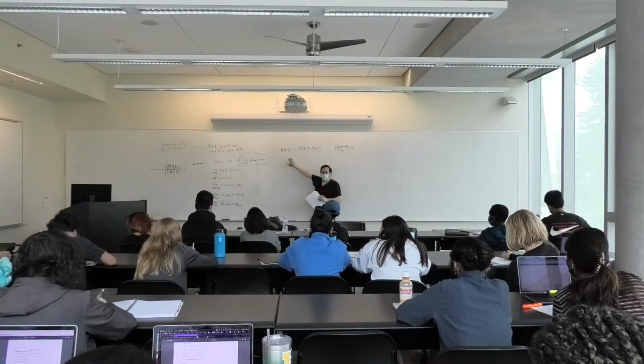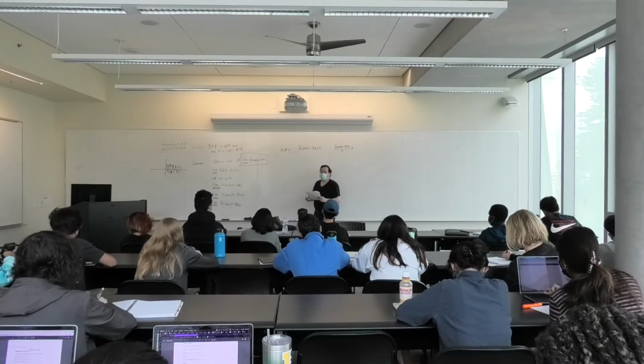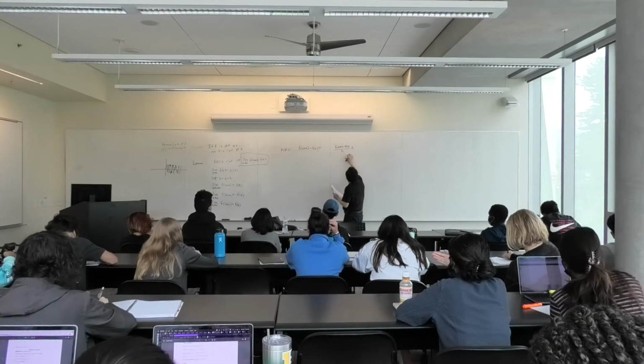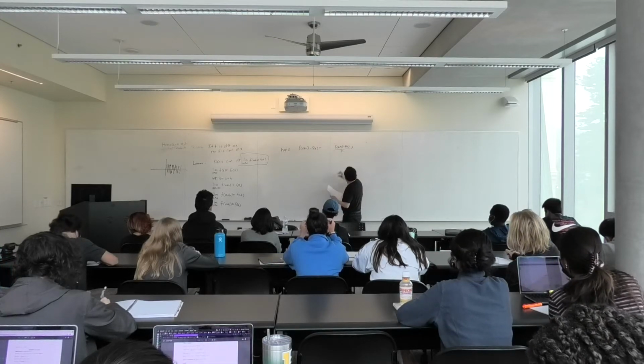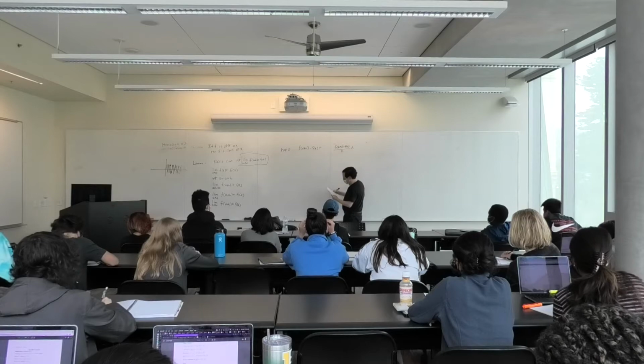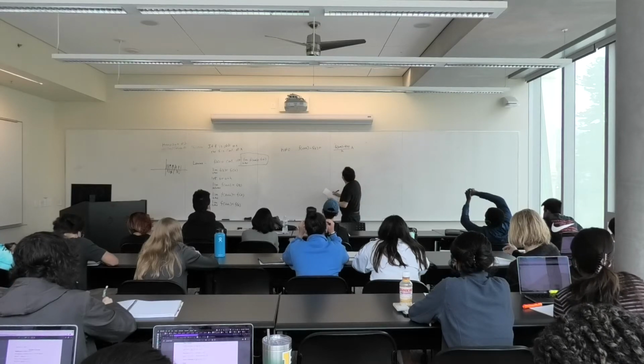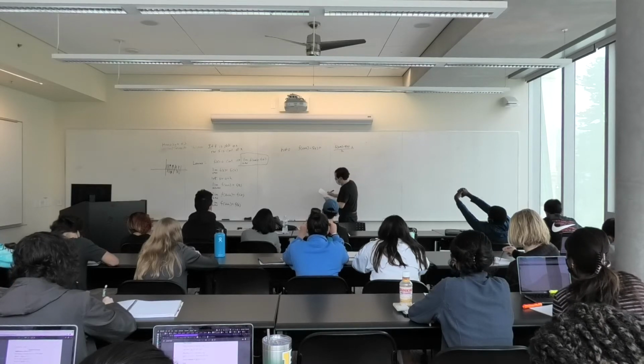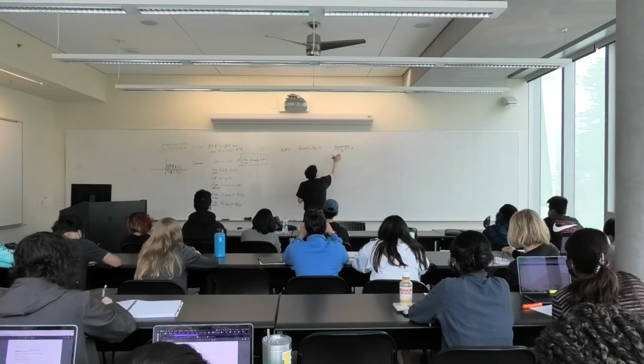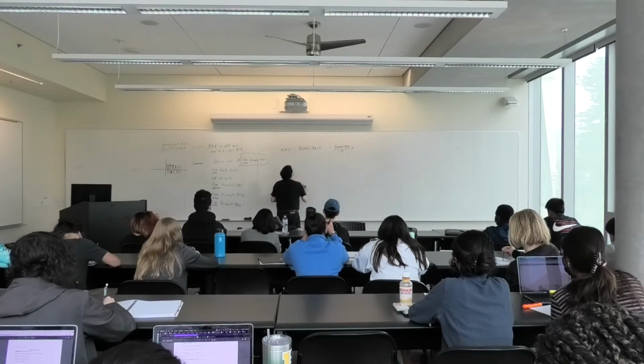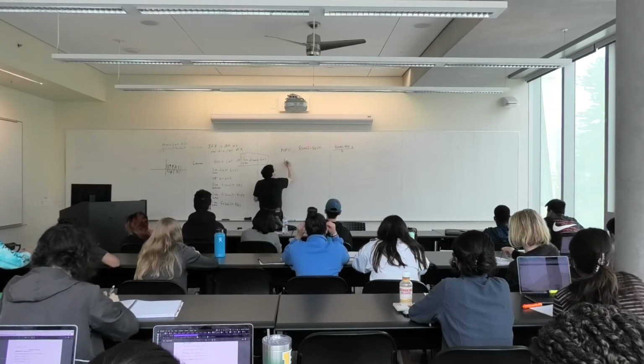I'm explicitly saying that h is not 0, so I can write this. I'm just multiplying by 1, right? Well, let me take the limit on both sides of this.